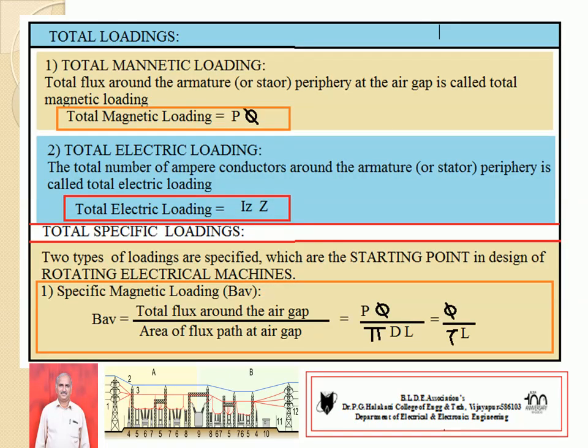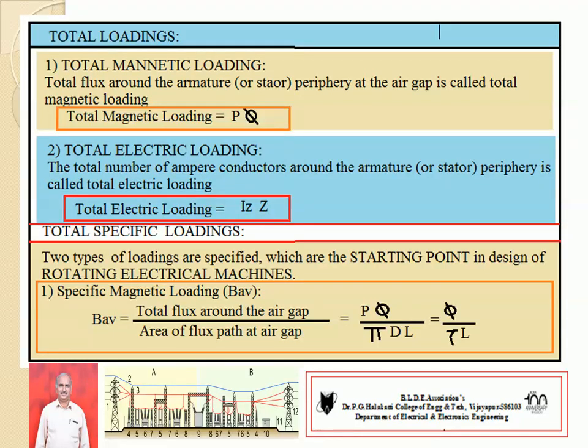Then we can define some important terms before going to derivation. There are two types of loadings in electrical machines. Number 1, total magnetic loading. The total flux around the armature at the air gap is called total magnetic loading.